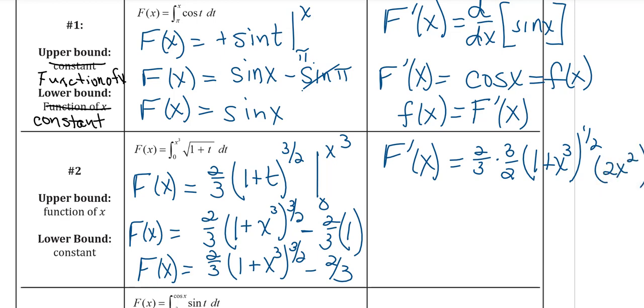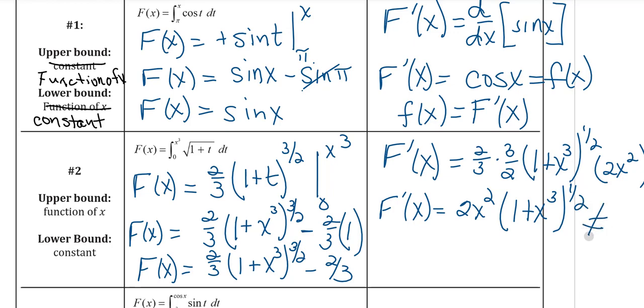Okay, and then simplifying this, I am going to get F prime of x is going to be 2x squared times 1 plus x to the third to the 1/2 power, which is obviously not equal to our original function, f of x. So in this case, it does not work.